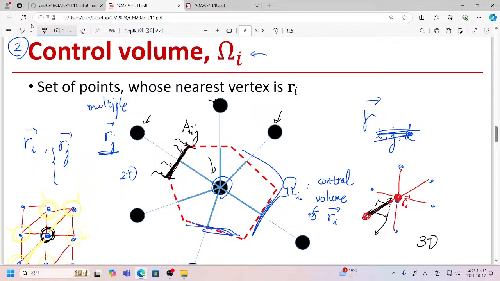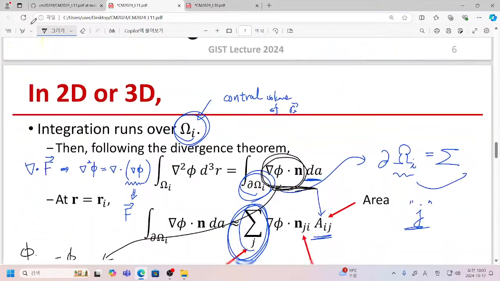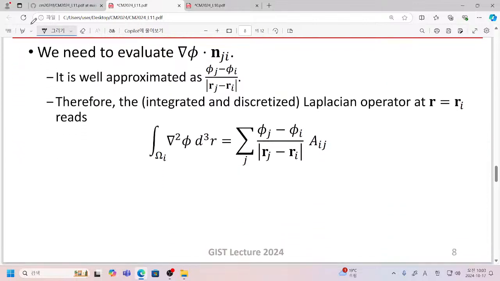However, we will just say that the quantity along this edge is the representative one, so it can be regarded as a delegate for all distributed values. So now it can be well approximated as this form.